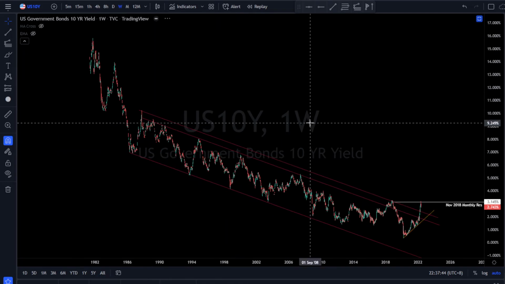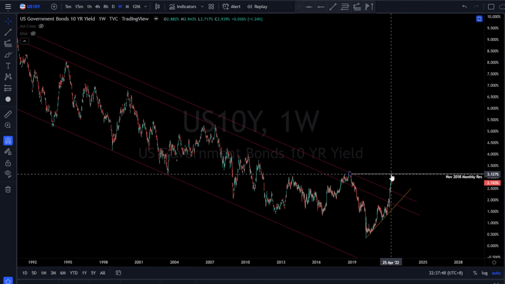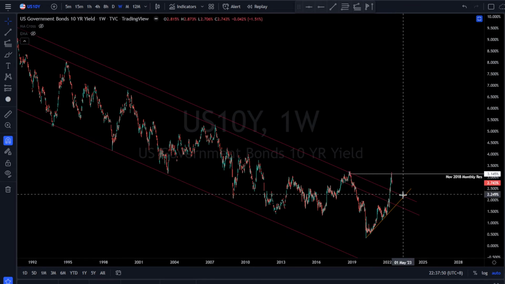Okay, so generally, the higher the interest rate, the worse it is for risk assets. The lower it is, the better. Because let's say for the stock markets in general, when interest rates are low, it's easier for companies to borrow money to grow their business and do better.